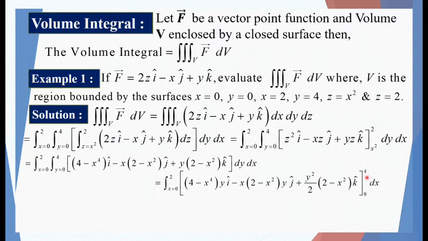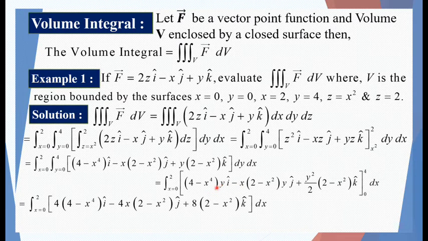So now putting limit y equals 4 and y equals 0. When we put y equals 4 here, it will be 4 into 4 minus x raised to power 4, and when we put 0, then the entire function will be 0. So only this function arises.